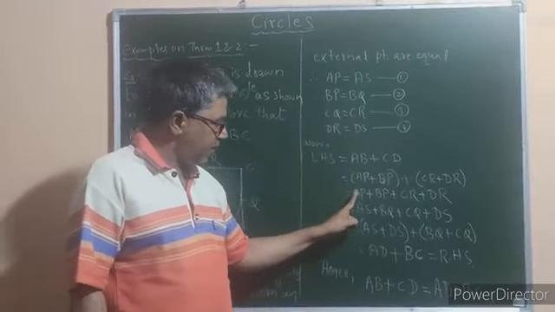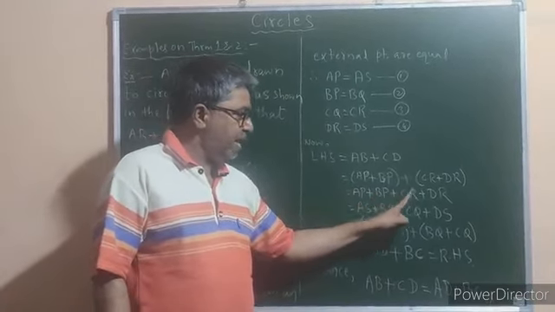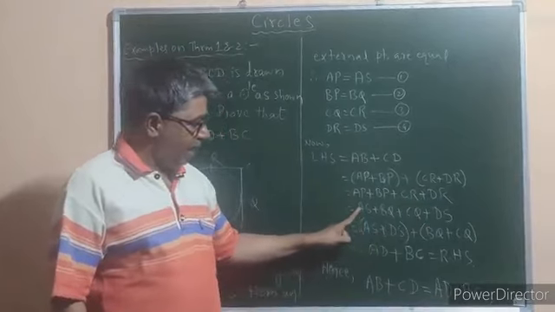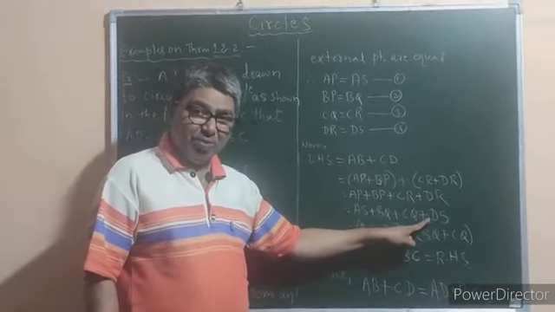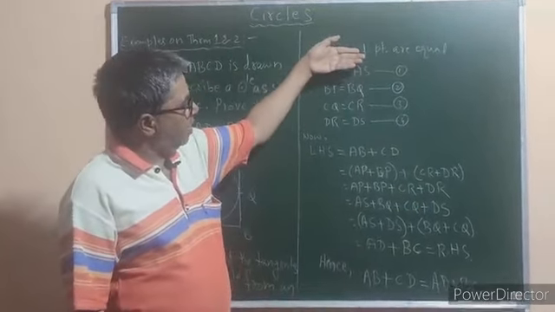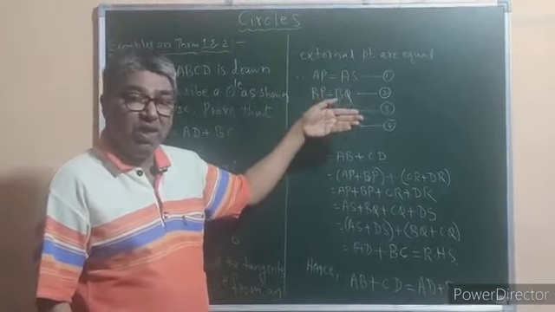So we have replaced AP, BP, CR and DR by AS, BQ, CQ and DS respectively according to equations 1, 2, 3 and 4.